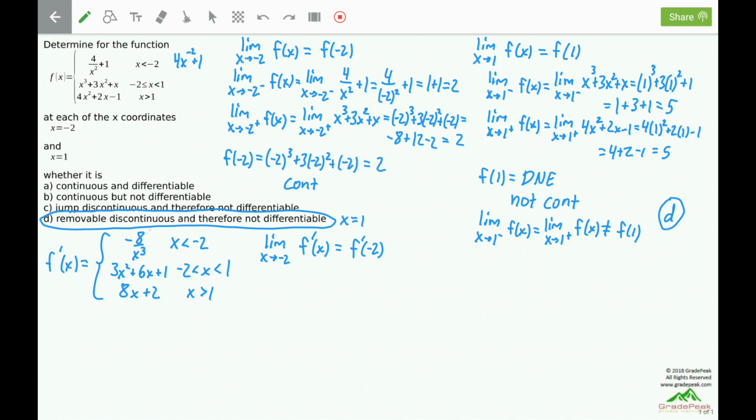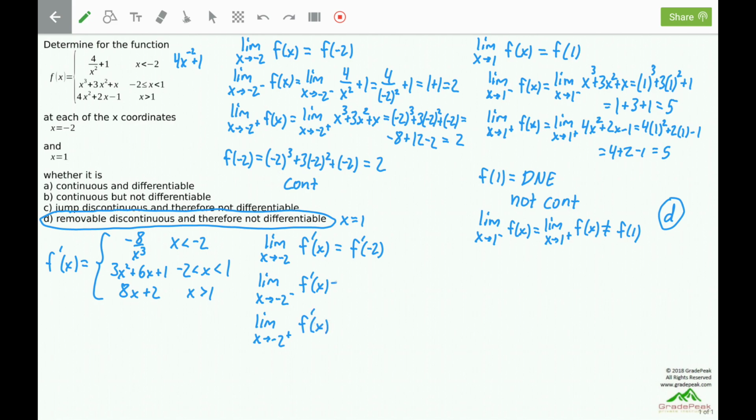Once again, the split expression function does change over at -2, so we will have to separate into the left side of -2 of f prime of x and the right side of -2 of f prime of x.